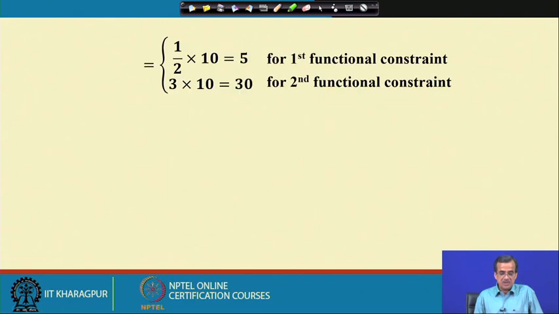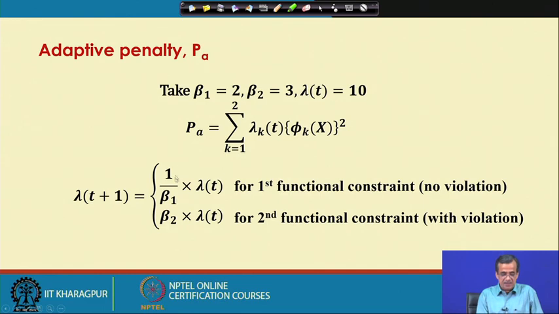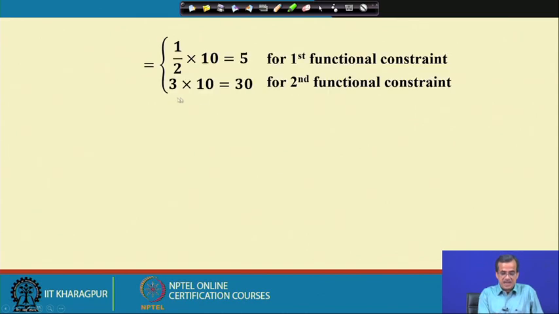Now, if I put the numerical values for the first functional constraint, I will be getting half multiplied by 10. From where am I getting half? Beta 1 equals 2, so 1 divided by 2 multiplied by 10, and for the second functional constraint, this is 3 multiplied by 10, so 30.